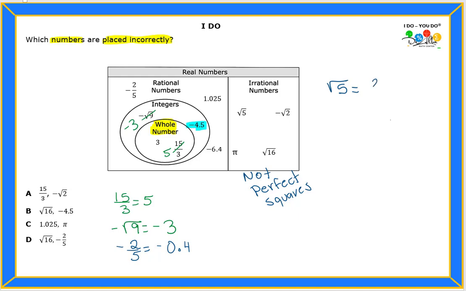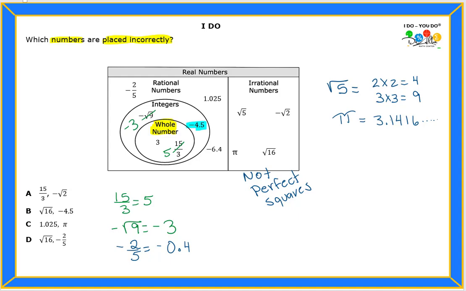I can multiply 2 times 2, it's 4, and 3 times 3, it's 9. But I'm looking for the square root of 5. So that's basically going to be an irrational number. And pi, everybody knows that pi is irrational because it keeps on going and going and going, right?